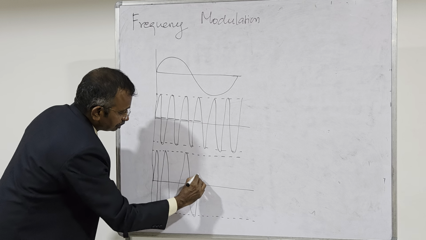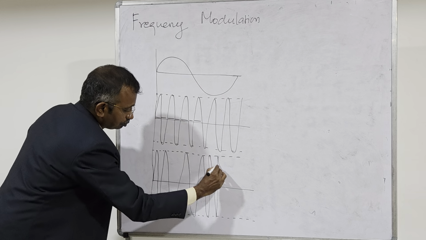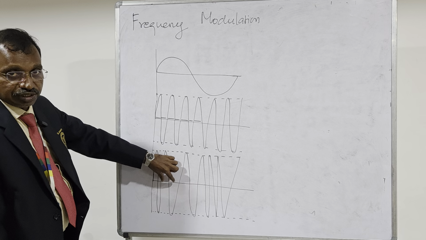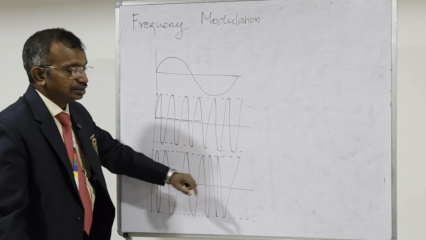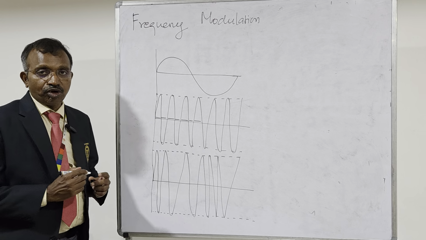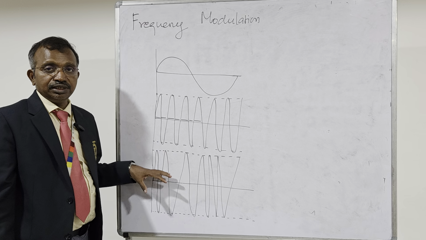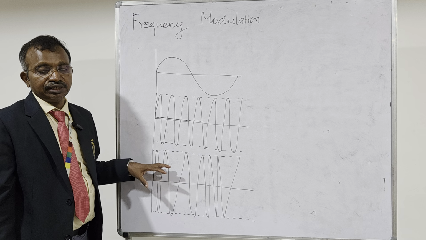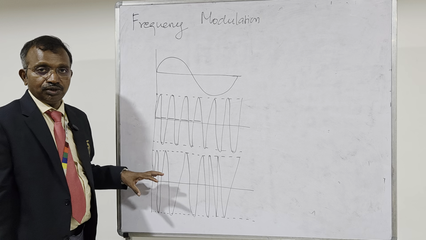Then it gradually decreases. When the amplitude is high, the zero crossings will be wider, and here they are narrow. Such a signal is called a frequency modulated signal, and here the information is contained in the frequency. That is one of the important things we have to note down.